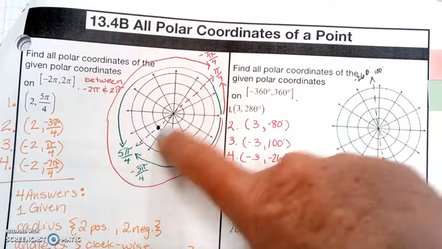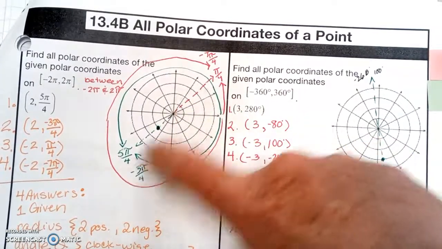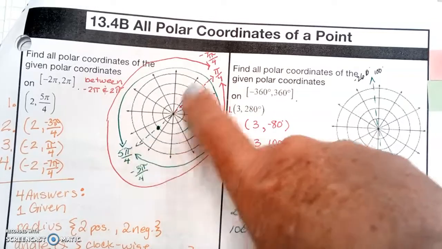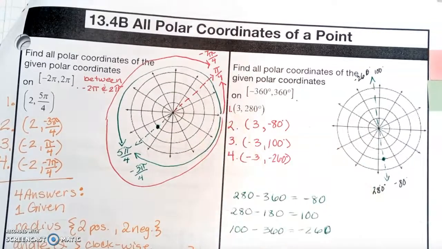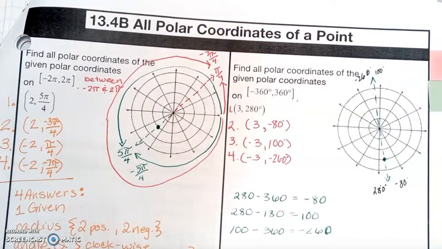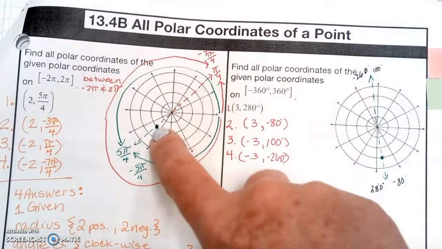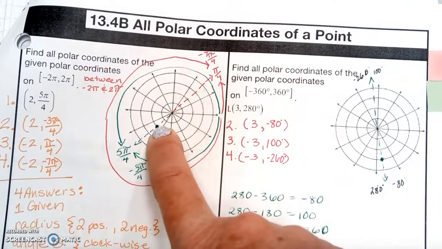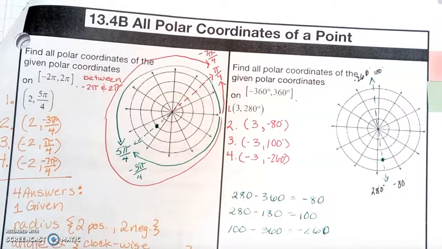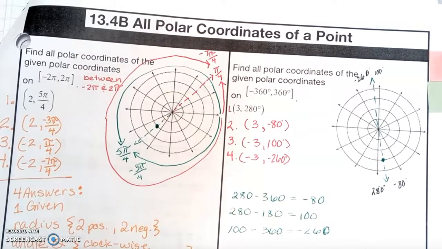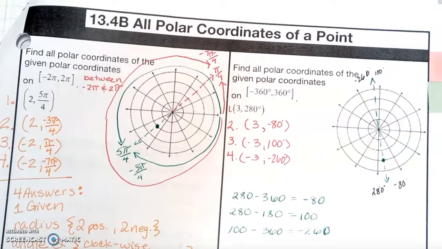Your best bet is just to draw it in all the way through your whole polar graph, okay? And then graph the first one, which would be 2 units, okay? So it's right there, okay? That's one of 4. I guess you have to be given 1 to get the other 3, okay?